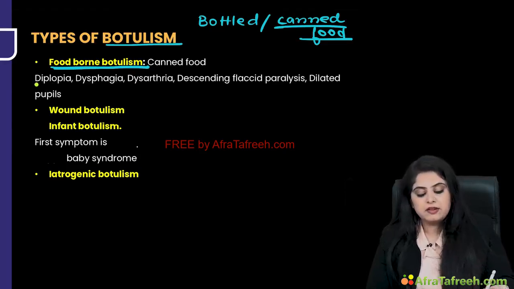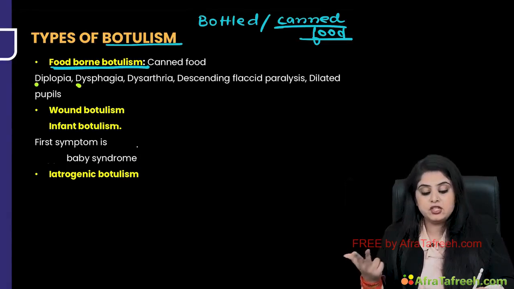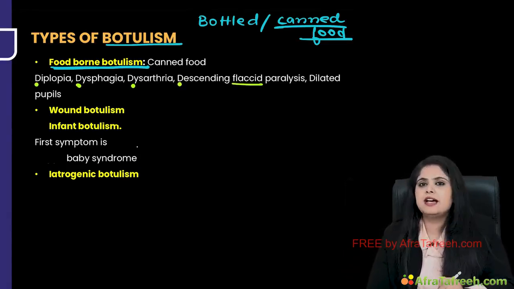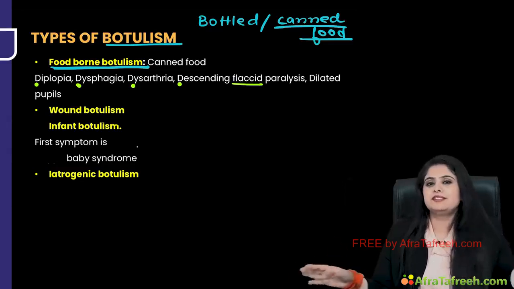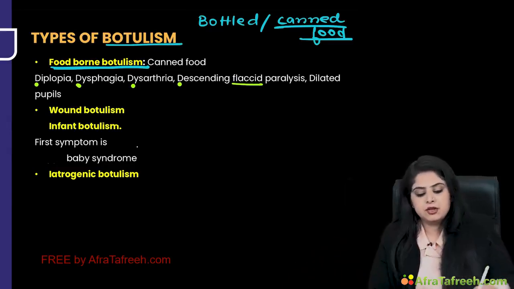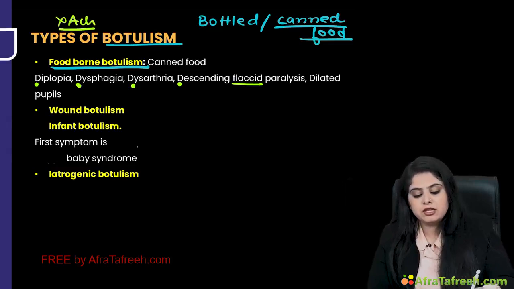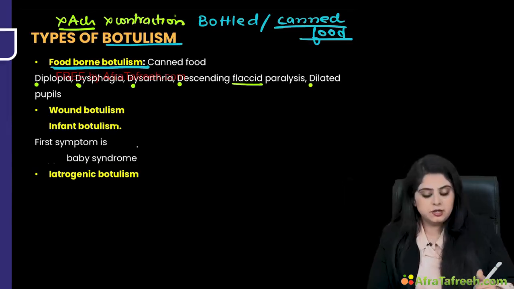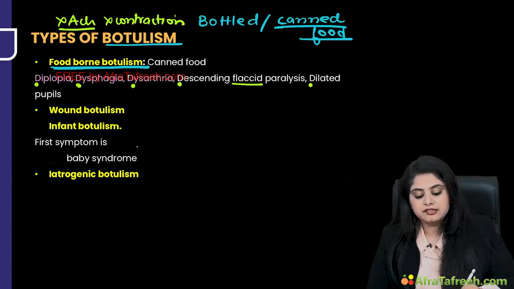So you will say number 1, diplopia, dysphagia, dysarthria, descending flaccid paralysis. Why? Because in this everything is flaccid, just a relaxed state. Because acetylcholine release has not occurred, contraction is not going to occur. So everything is flaccid, descending flaccid paralysis, and there are dilated pupils. So repeating, diplopia, dysphagia, dysarthria, descending flaccid paralysis, and dilated pupil.